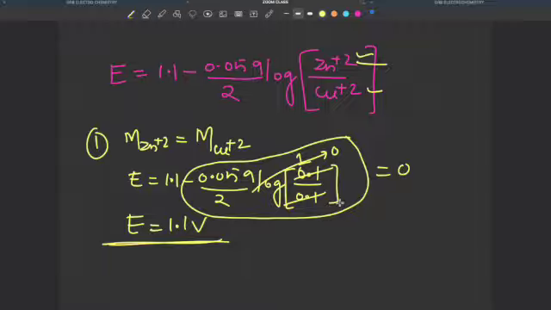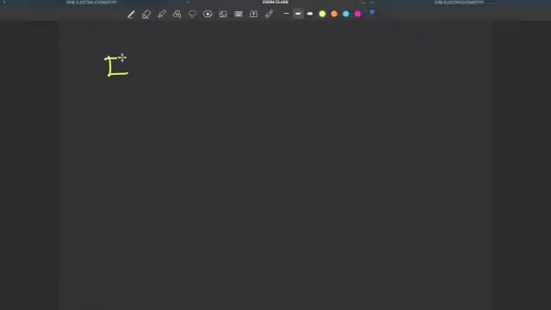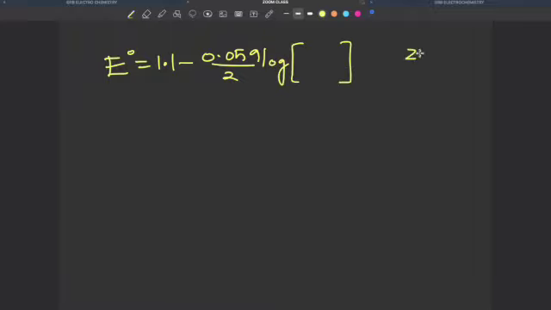Let us see the next case. E equal to 1.1 minus 0.059 by 2 into log. Here I assume the zinc concentration is greater than the copper concentration. Take any number: I take the zinc concentration as 10 and the copper concentration as 1.